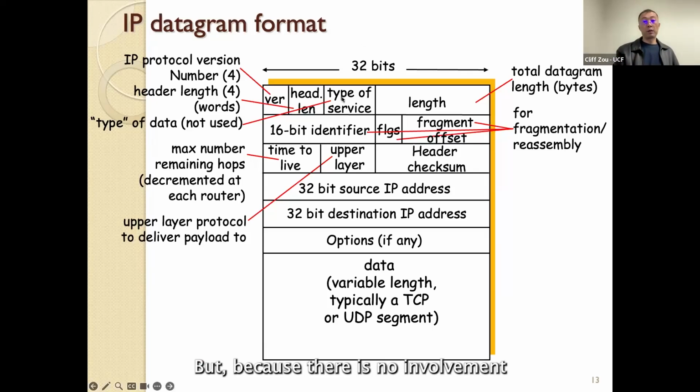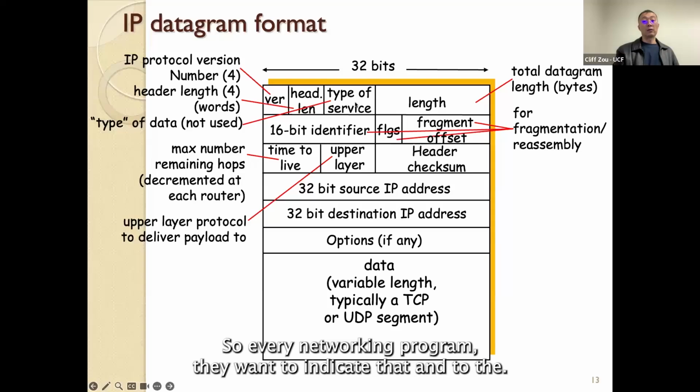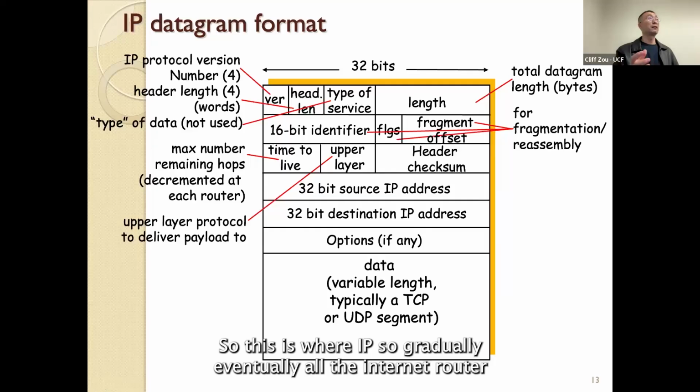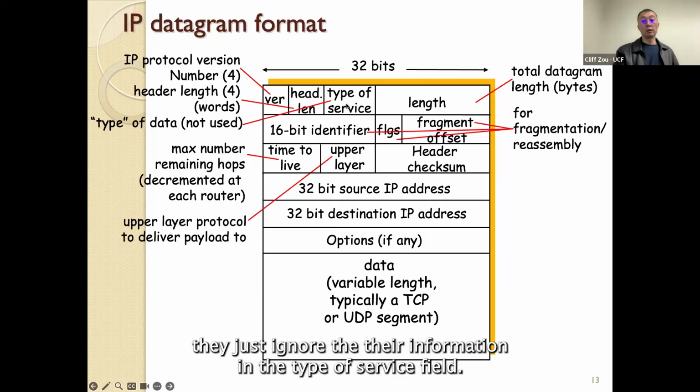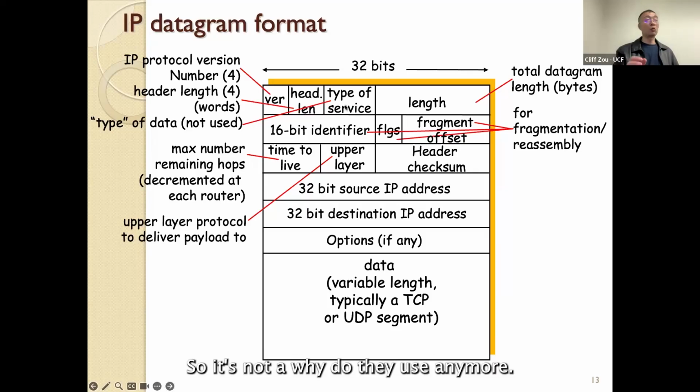But because there is no enforcement in using the type of service field, every networking program wants to indicate that their service is VIP. So eventually, all the internet routers just ignored the information in the type of service field. It's not widely used anymore because routers, when they do routing, just ignore this field.